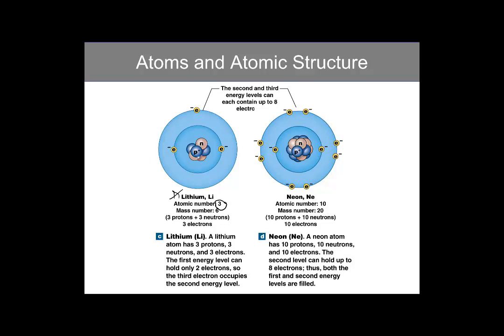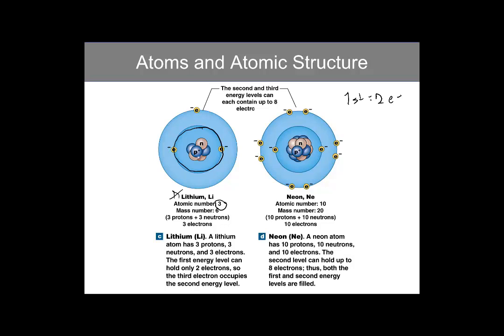Those 3 electrons occupy 2 energy levels. The first energy level can only contain 2. So energy level 1, we'll say first, can only hold 2 electrons.